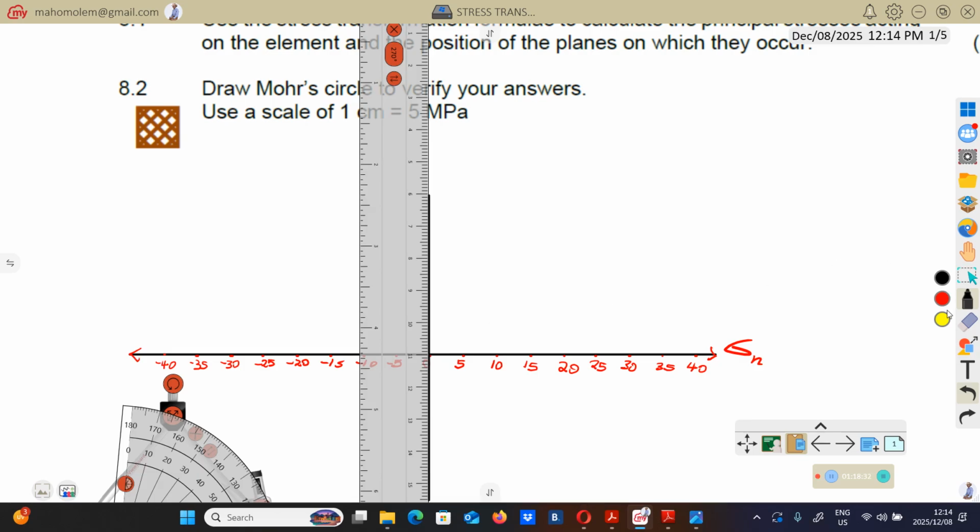From there you mark your scale, 1 centimeter each.